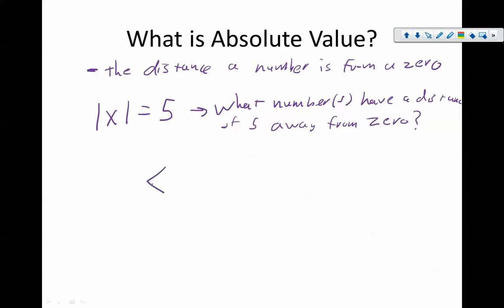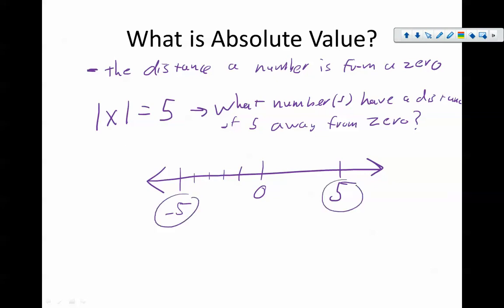And if you will recall on the number line, if this is 0, there is one number over here that has a distance of 5 away from 0. That's positive 5. It's 1, 2, 3, 4, 5 away. But there is a second number if you go the opposite direction, negative 5. So these are two solutions. This is very common of an absolute value equation where the variable is inside.